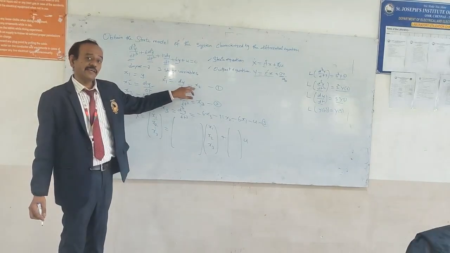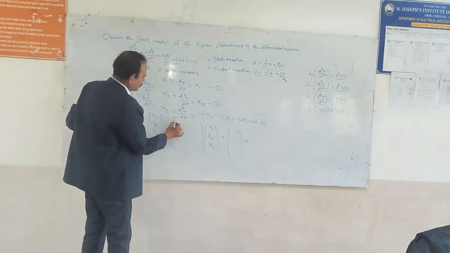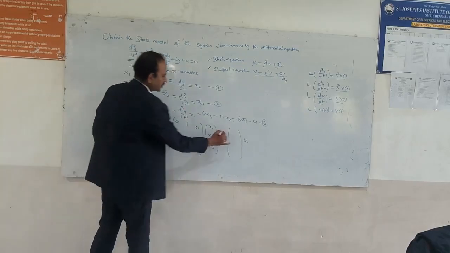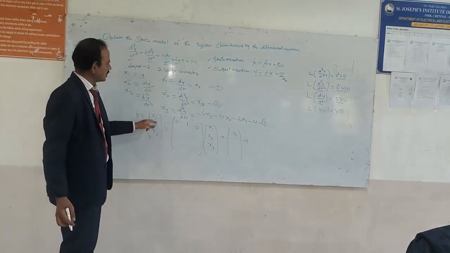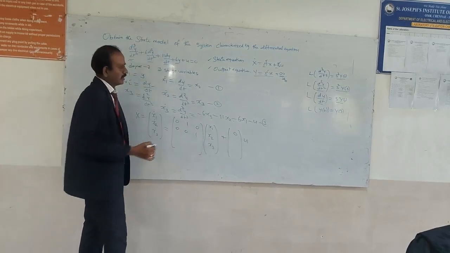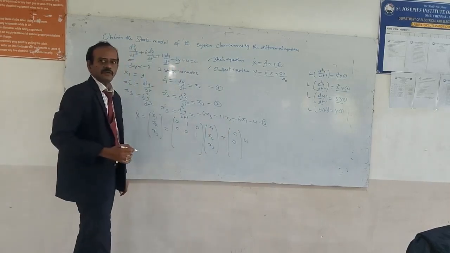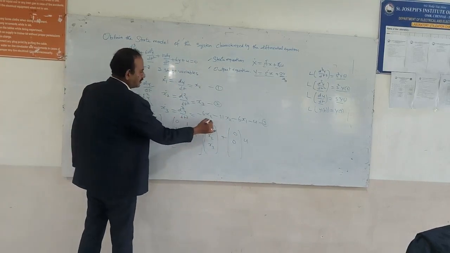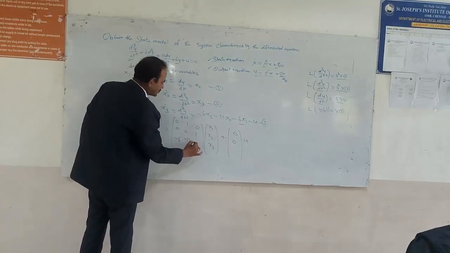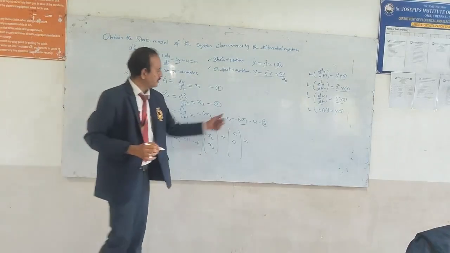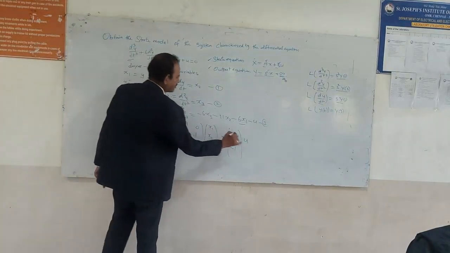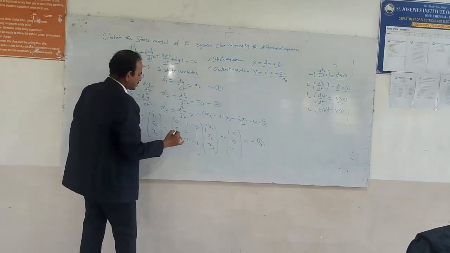Only the x2 coefficient is present, so x1 coefficient is 0, x2 coefficient is 1, x3 coefficient is 0, and there is no u, so put 0. Similarly for x2 dot, only x3 is present, so put 0, 0, 1, and 0 for u. For x3 dot, the x1 coefficient is minus 6, the x2 coefficient is minus 11, the x3 coefficient is minus 6, and u is minus 1. So we got the state equation, equation number 4.